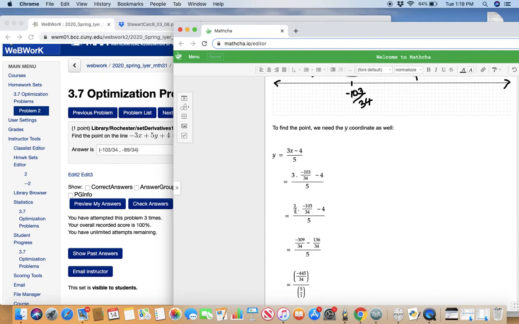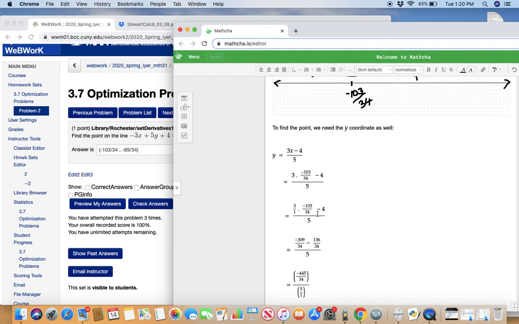So 3 is nothing but 3 over 1 times this quantity. So multiply the 3 with the numerator, minus 309 over 34 minus 4. Because I'm going to need common denominator, I'm going to multiply 4 by 34 and divide by 34. 4 times 34 is 136 divided by 34.